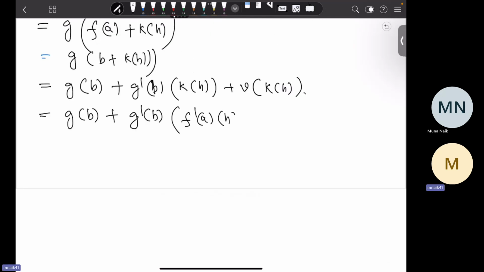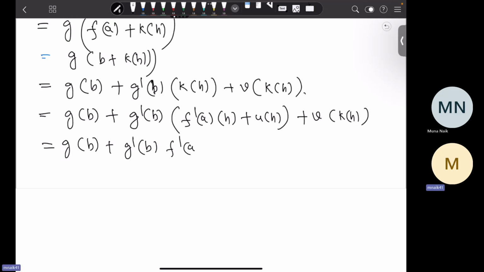So this is G(B) plus G'(B) f'(a) applied on h plus G'(B) applied on u(h) plus ψ of k(h).